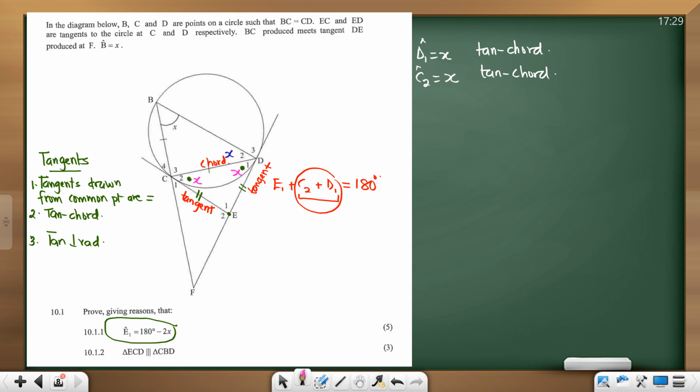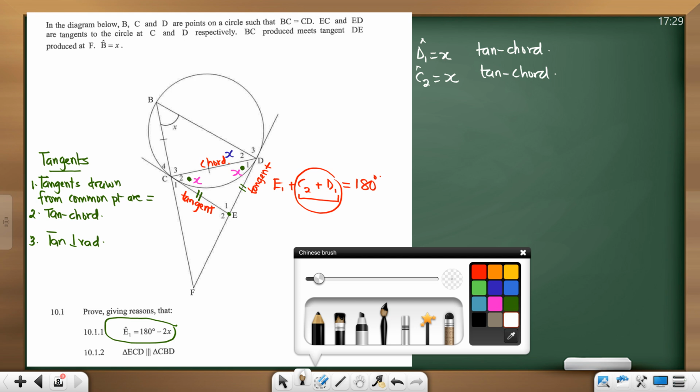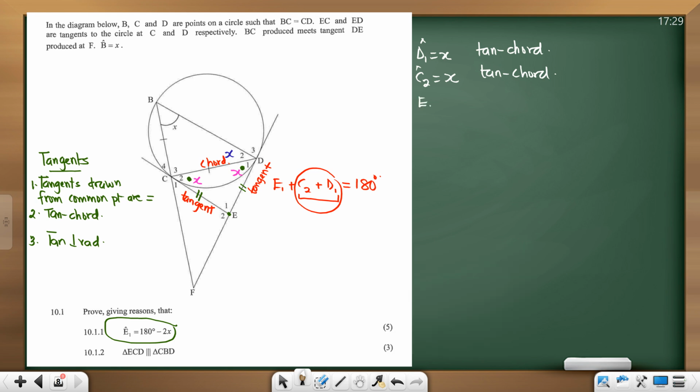So we actually proved that those two angles are equal in two different ways. Now I can therefore say E1 equals 180 minus 2x, sum of angles in a triangle. Three lines and I got my answer. Nothing else.